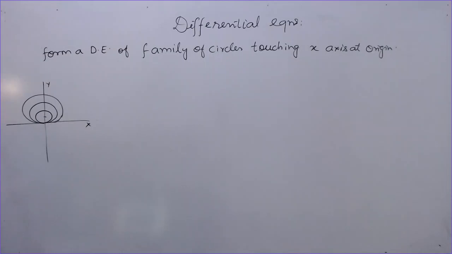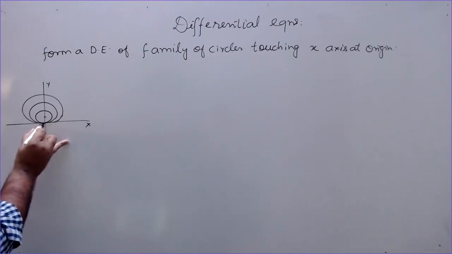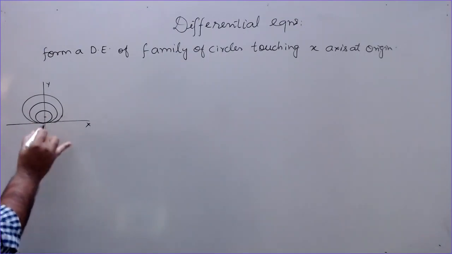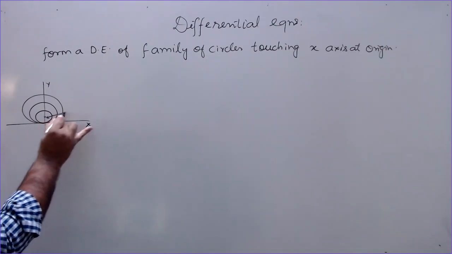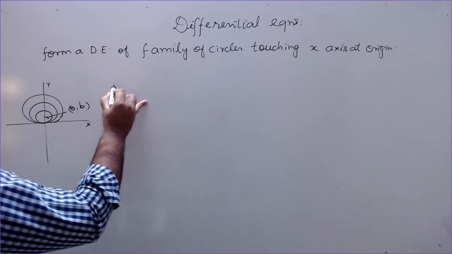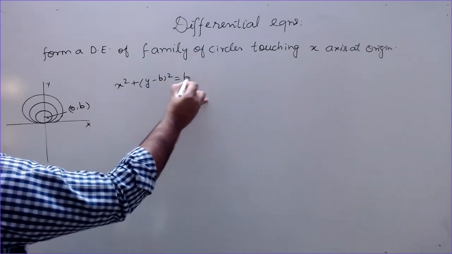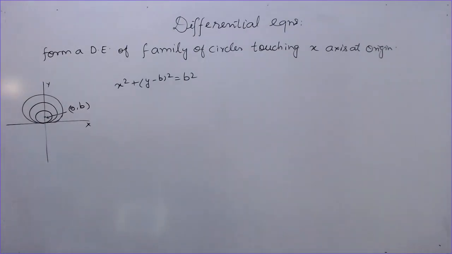Now suppose the radius of this circle is b. So the coordinate of the center of the first circle is (0, b), where b is the radius. So the equation is x square plus (y minus b) whole square equal to b square. The radius of such a circle is b. So this represents the family of the circles where b is a constant.